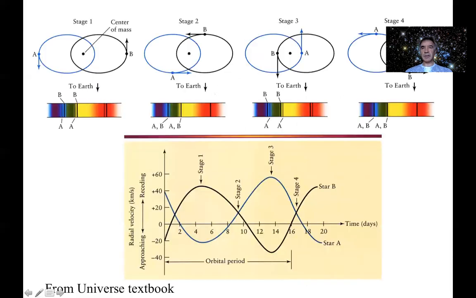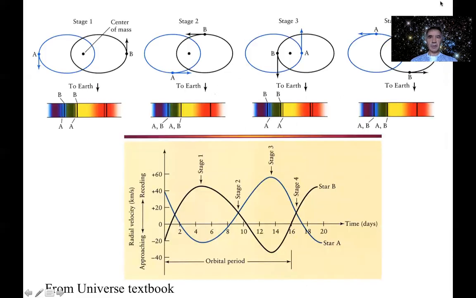That's illustrated a bit more on this plot. Here you've got, again, a schematic of a spectroscopic binary system at the top, with some elliptical orbits this time, similar mass stars by the looks of it. You can see the changing set of lines as the stars are in different parts of their orbits.